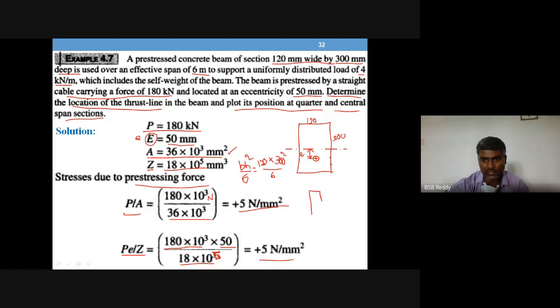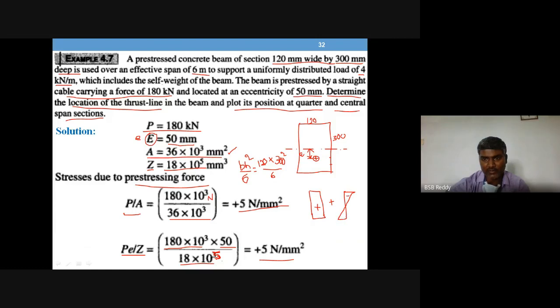Top to bottom it is constant, which is compression, whereas this is the pre-stressing cable, which is eccentric. So you have bending stresses also. So top tension, bottom compression.